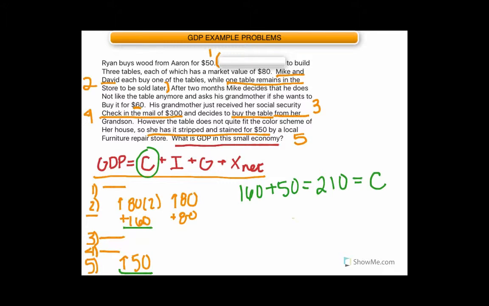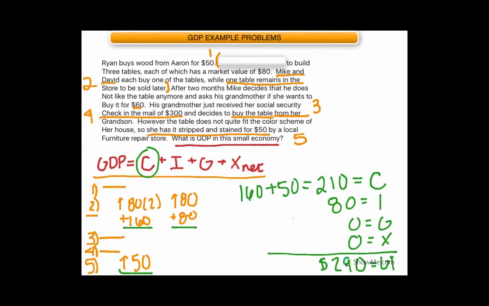And then we also had this addition of $80 to investment, so 80 equals I. And in this small economy, we did not have any government expenditures on final and new goods and services, and we did not have any net exports. So when we add all of these together, we just get 210 plus 80 for a total GDP of $290 in this economy.